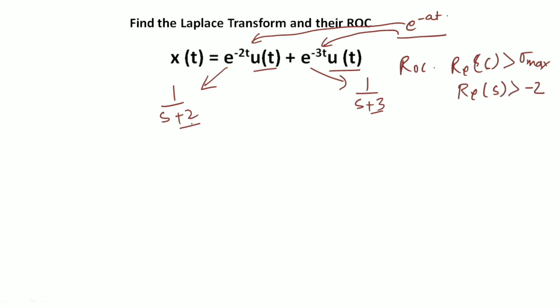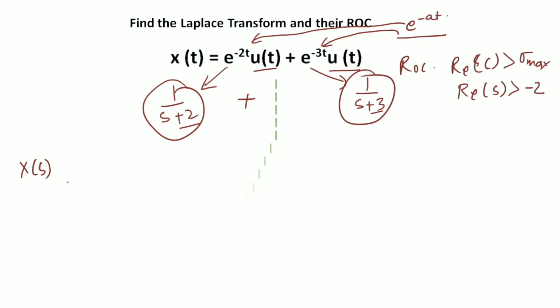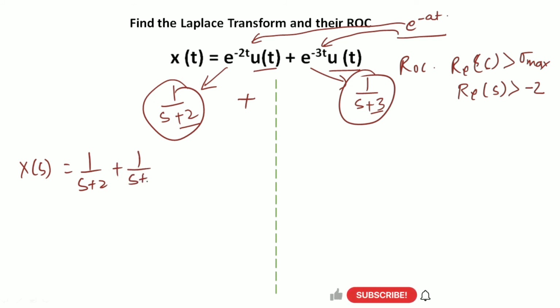Okay, and if we add both signals, we will get the Laplace transform of the whole signal. So X of s will be equal to 1 by s plus 2 plus 1 by s plus 3. This will be equal to 2s plus 5 divided by s square plus 5s plus 6. Okay, have you understood?